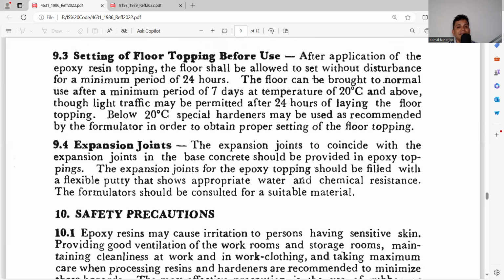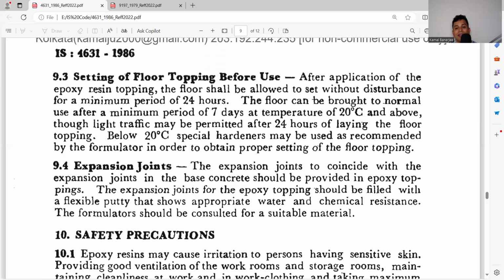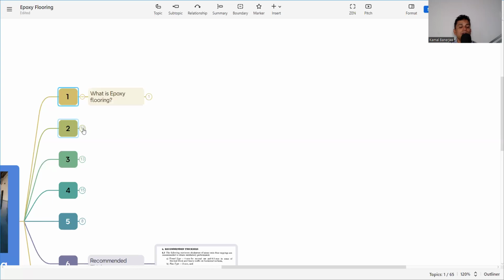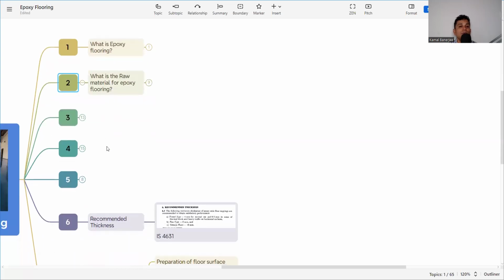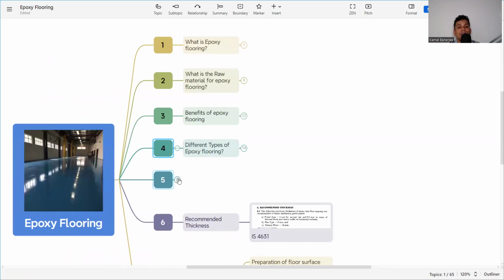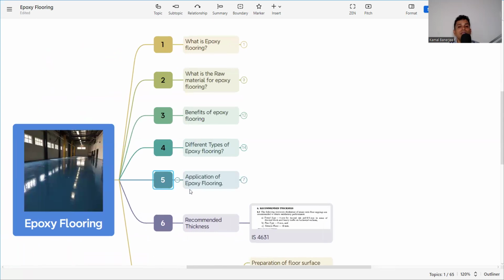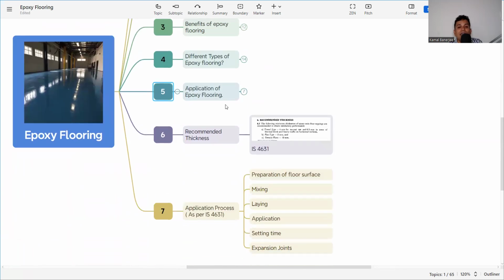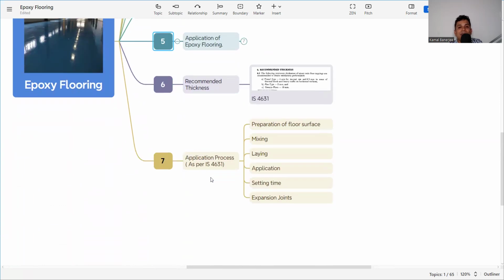So these are the things about epoxy flooring. Let's summarize what we checked one by one. First, we saw what epoxy flooring is, then what the raw material of epoxy flooring is, and what the IS code of epoxy flooring is. Then what the benefit of epoxy flooring is, the different kinds of epoxy flooring, application of epoxy flooring, recommended thickness, and the application process.